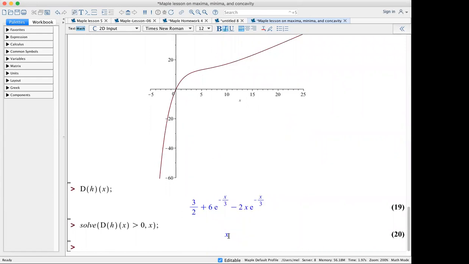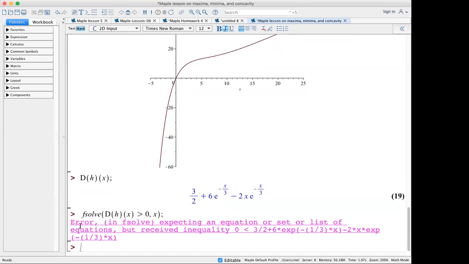Why does it say this? Maybe Maple can't do this.